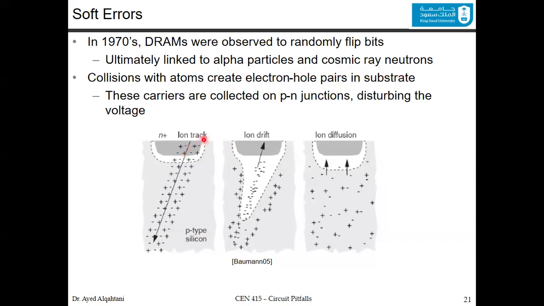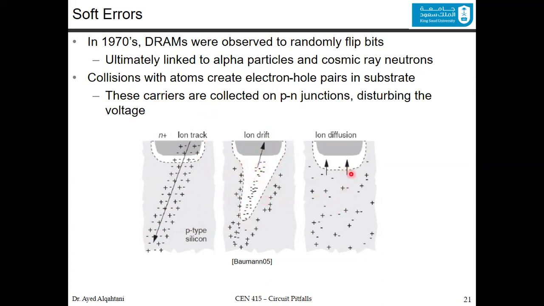For example, if you have an ion hitting the bulk silicon, it could be hitting randomly anywhere. If it hits in this direction, because the ion has a positive charge, it will attract the negative charge towards its path, and it will repel the positive charge away from its path. This could cause a bit flip.